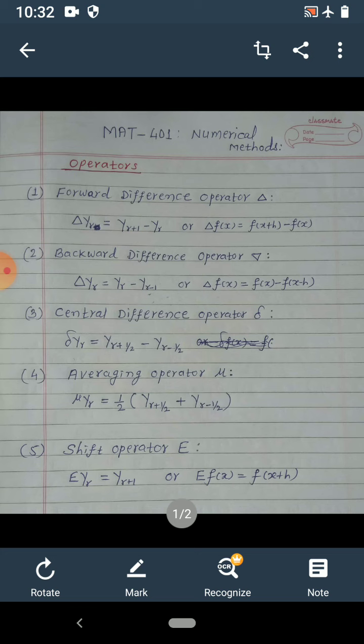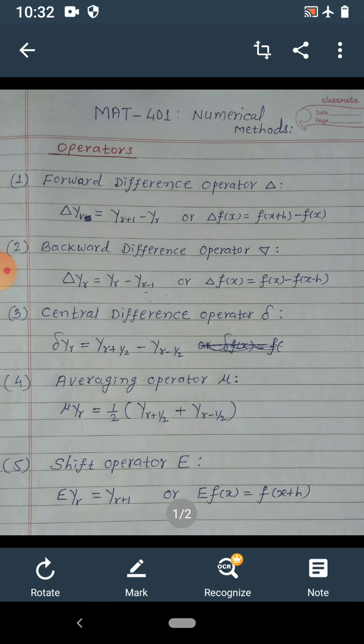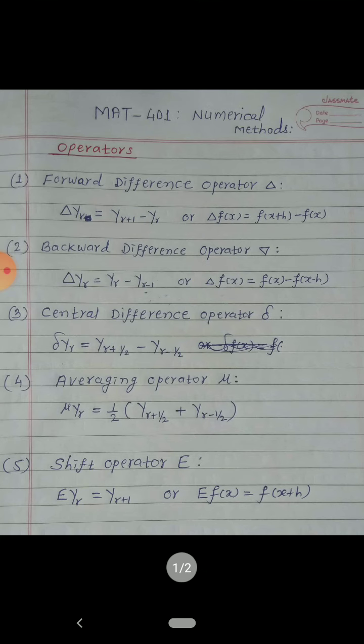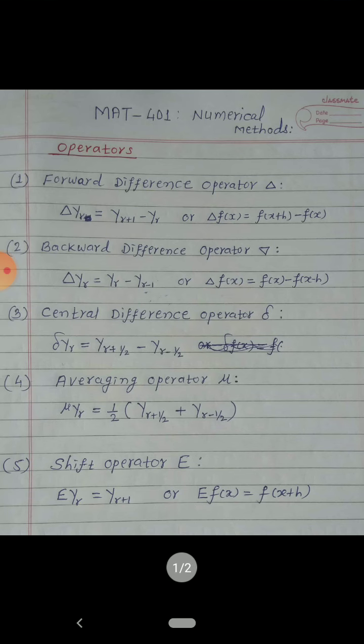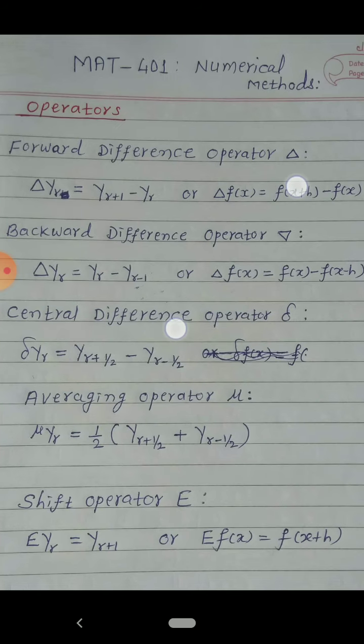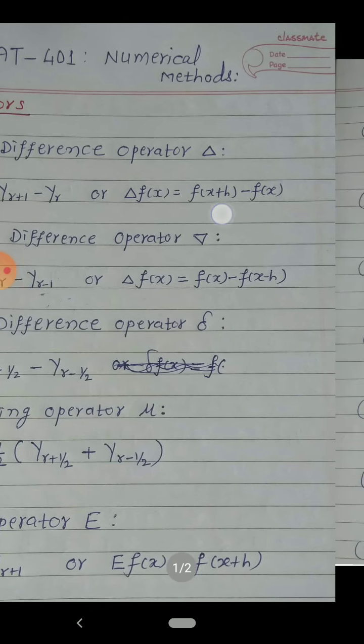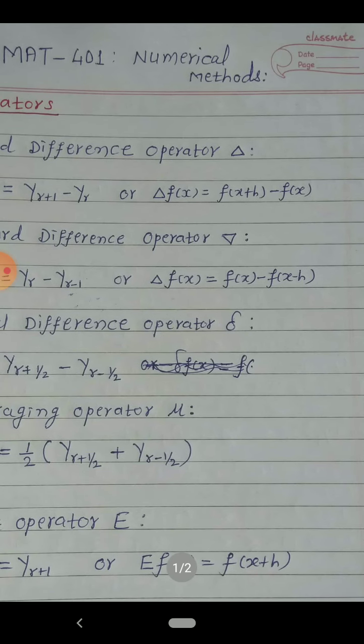We shall start from the first operator, that is forward difference operator, which is denoted by capital delta and which is defined as delta yr is equal to yr plus 1 minus yr, or it is also defined as delta f of x is equal to f of x plus h minus f of x.